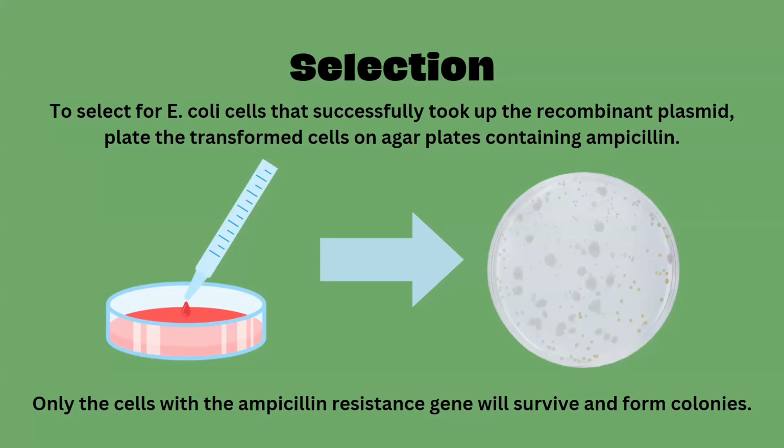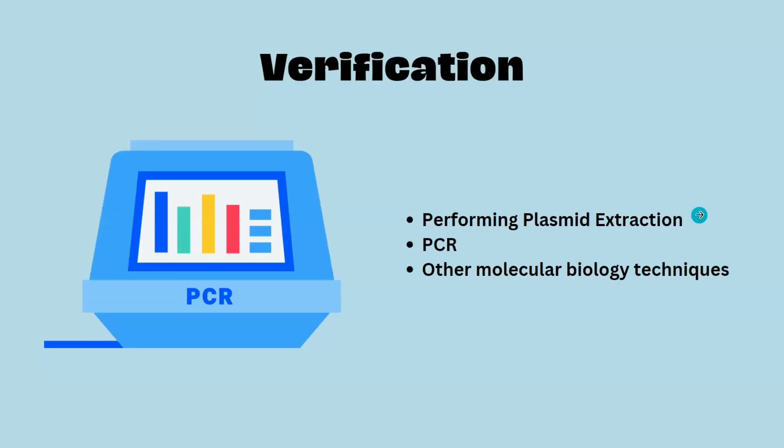Only the cells with the ampicillin resistance gene will survive and form colonies. Then verification is to verify the presence of the ampicillin resistance gene in the E. coli colonies by performing plasmid extraction, PCR, or other molecular biology techniques. Sequencing can also be used to confirm the correct insertion.